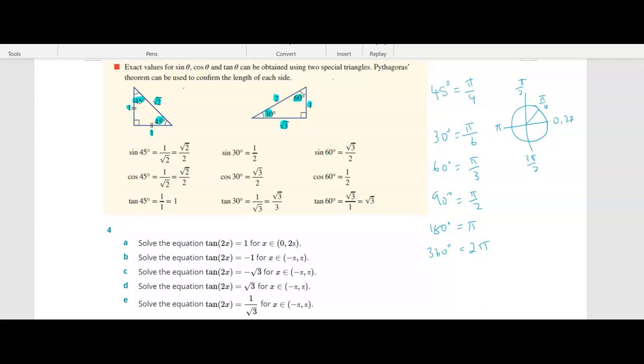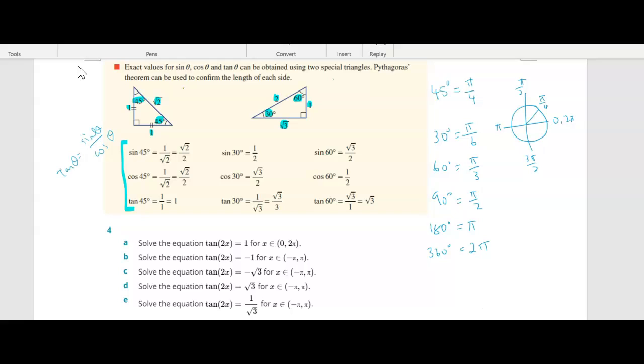The 3 that I find the easiest to remember are these values here, 45. I always say root 2 on 2, so I rationalize the denominator, but it's the same as 1 on root 2. And because tan theta is equal to sine theta on cos theta, that's where the 1 comes from.